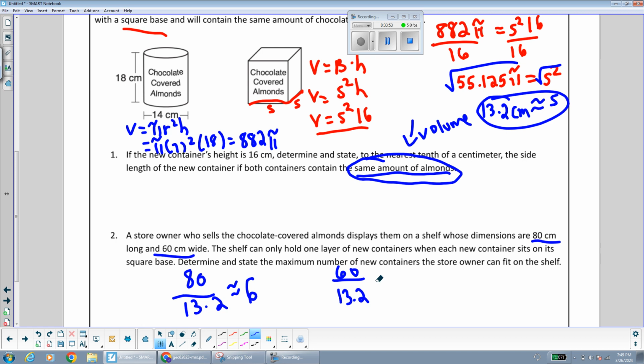Once again, even though it's 4.54, I'm going to round down because we can't have 0.54 of a box. And if we put 5 boxes, it's not going to fit. 6 times 4 is 24. That's how many can fit lengthwise. That's how many can fit widthwise. So that's how many containers we can have in total on that shelf.